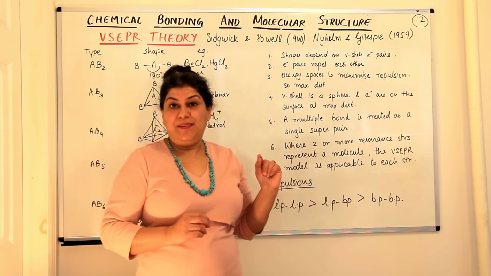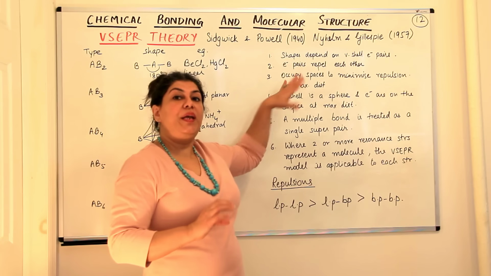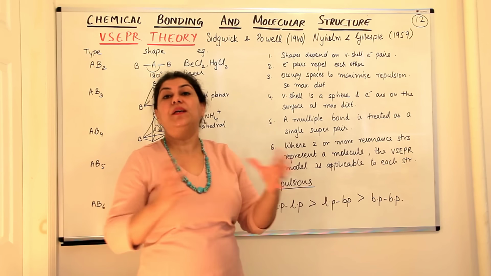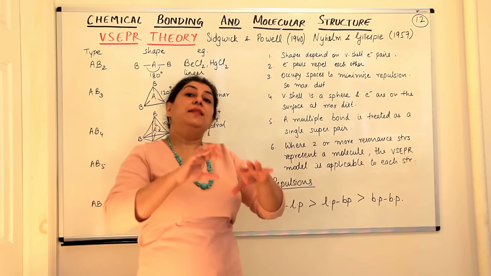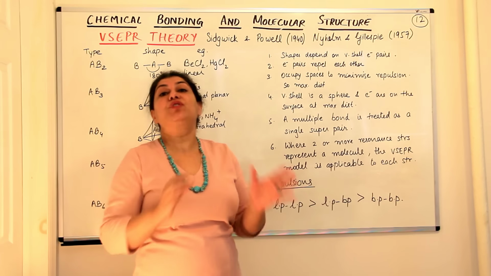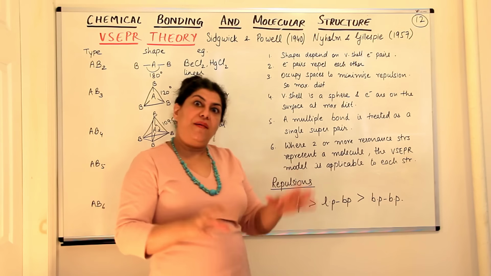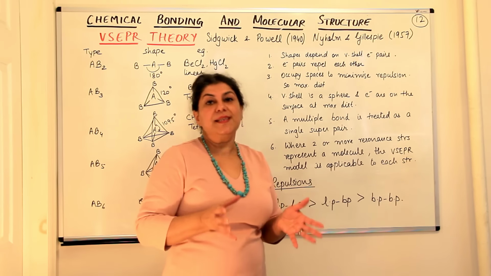So we are talking of the valence electrons of oxygen. So the VSEPR theory applies to the central atom in a molecule, and the arrangement of the remaining atoms which are bound to the central atom around that central atom is predicted with the help of this theory.